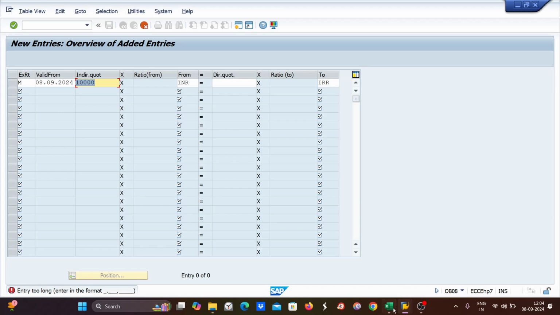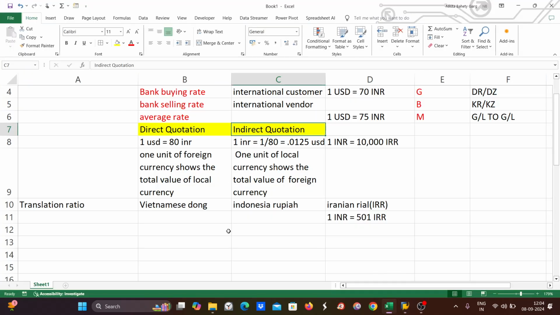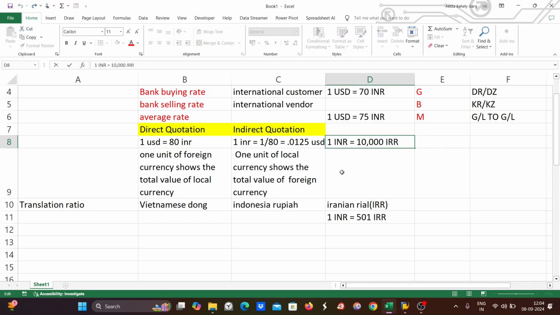SAP generally does not accept a 5-digit number when it comes to currency. It will accept 4 digits before the decimal and 5 digits after the decimal. So before the decimal it only accepts up to 1000, but I need 10,000 IRR to be maintained.